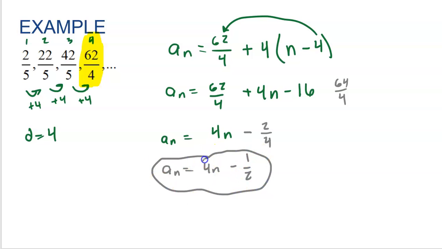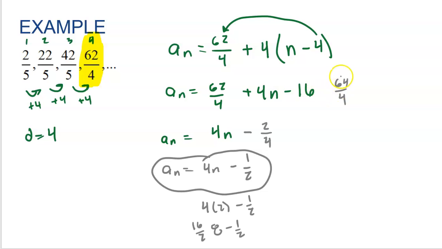There we go. And then again, please check and make sure it works. Plug in 2. I get 4 times 2 minus 1/2. That's 8 minus 1/2. And 8 is 16 halves. 16 halves minus 1/2. Wait a minute, that's not working out right. What did I do? Let me go back and check my work here.